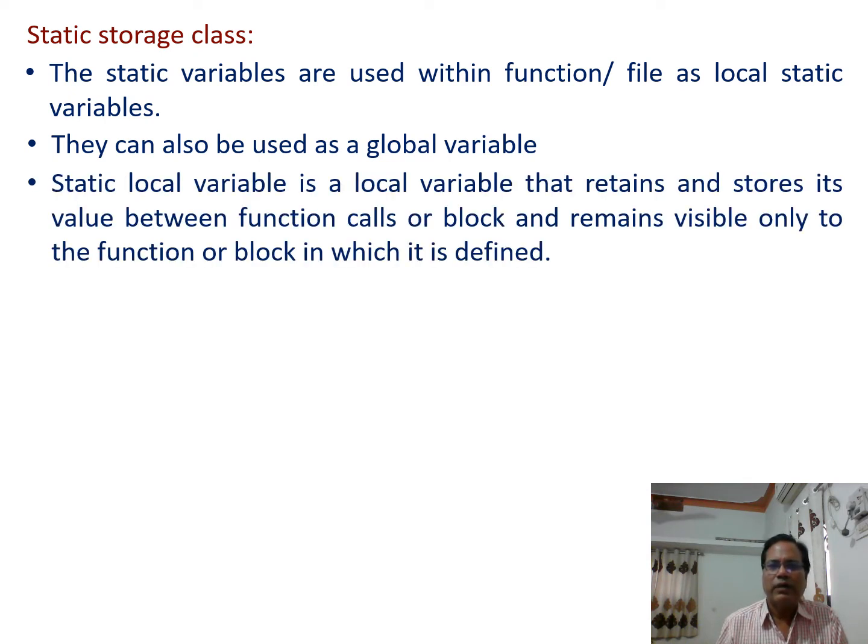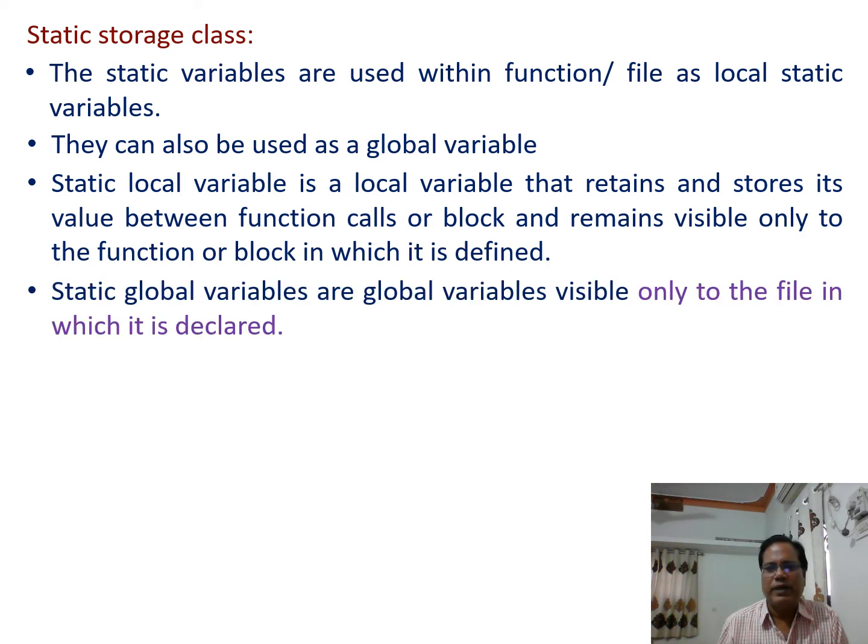A static local variable is a local variable that retains and stores its value between function calls or blocks, and remains visible only to the functions or blocks in which it is defined. Static global variables are global variables visible only to the file in which they are declared. Example: static int count = 10.